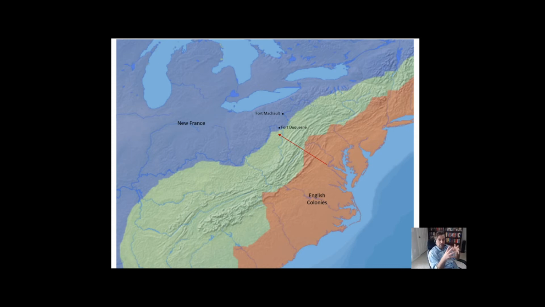You want maybe something with natural defenses, maybe on the edge of a cliff or something where there's not a lot of approaches to the fort. Well, if you or I were building this, we'd probably be able to fight off the French, or we might be able to fight off the French. But Washington is a terrible fort builder.